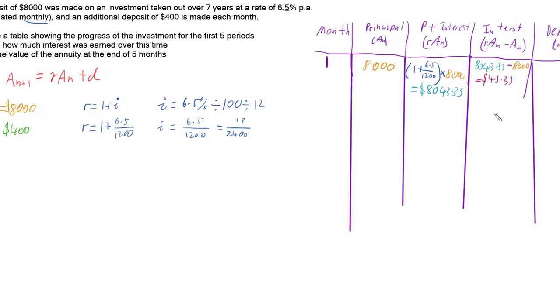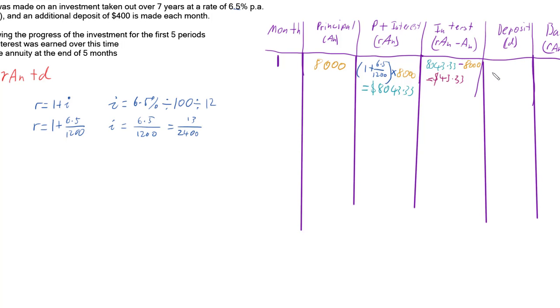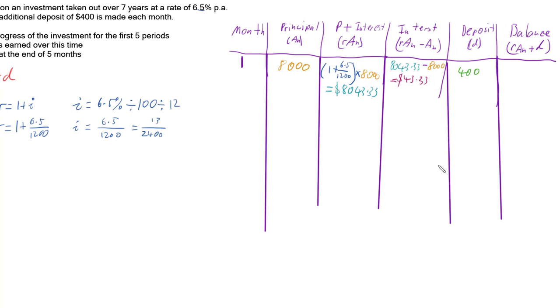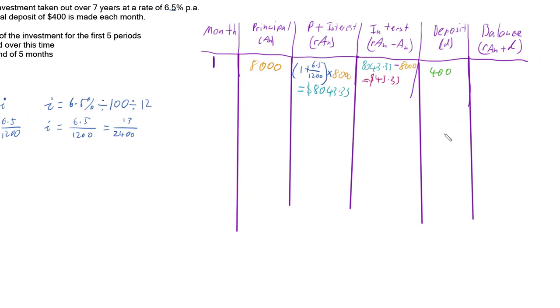Our deposit, which is our $400 here, never really changes. It's always going to be $400 unless we decide to increase or decrease that partway through the investment. That's one reason to keep this column in there, in case it changes partway through. And then finally we can do our balance, which is our principal plus interest, RAN, which is $8,043.33.